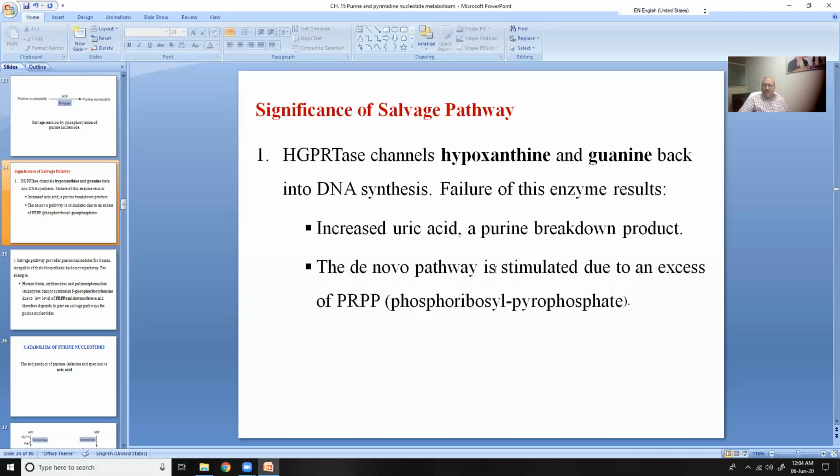And the de novo pathway is stimulated due to an excess of PRPP. If it is more, then our de novo pathway is stimulated.